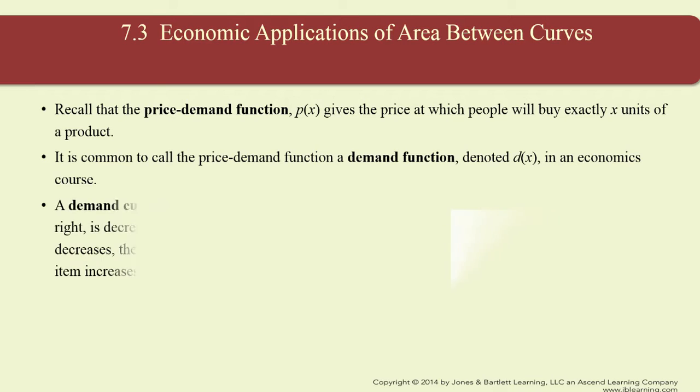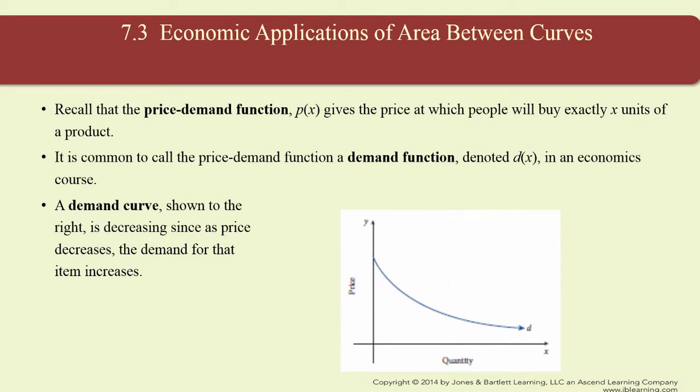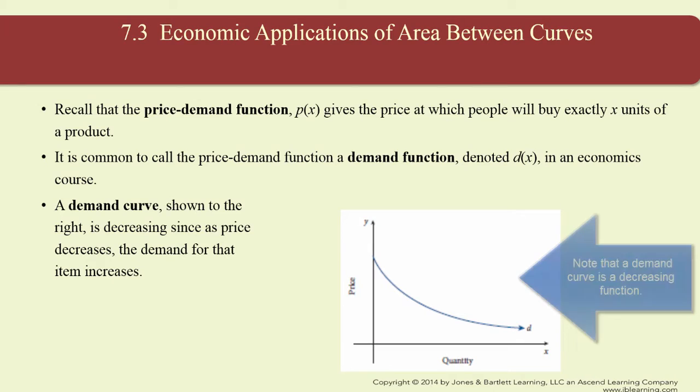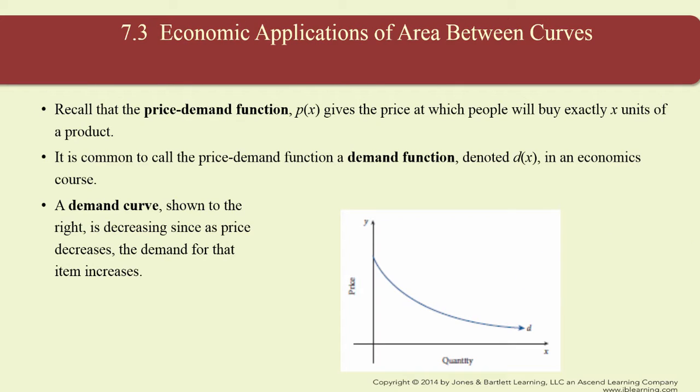Let's look at a typical demand curve. So here's a typical demand curve over here to the right. Generally speaking, a demand curve is an always decreasing function. Notice how as you move from left to right, the curve is decreasing. And that should make sense.